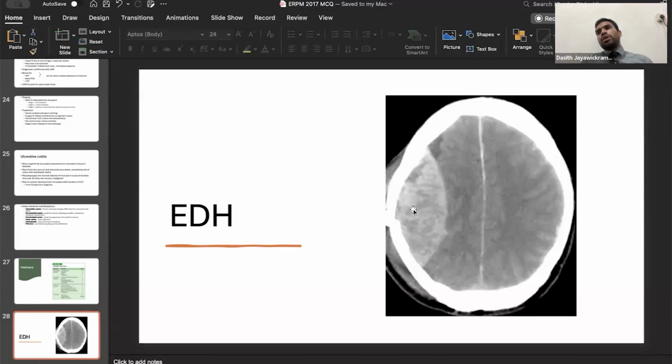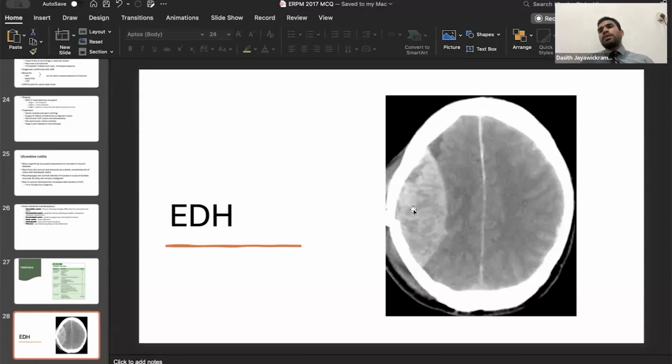In order to compensate, the CSF and the blood try to drain out of the cranial vault and prevent the compression of the brain.